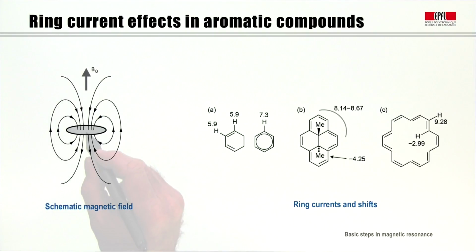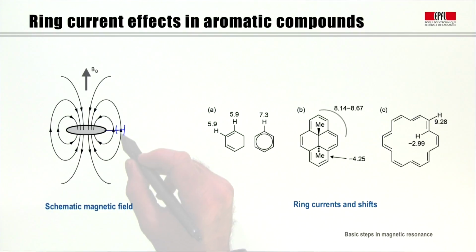And if we could have a proton right in the center of the benzene ring, it would be shielded because it experiences a field that is smaller than the external field. But in fact, protons in benzene rings, as you know, are on the outside of the ring. And therefore, they experience a local magnetic field, an induced field, which adds to the external field. And the result of that is that they appear de-shielded.